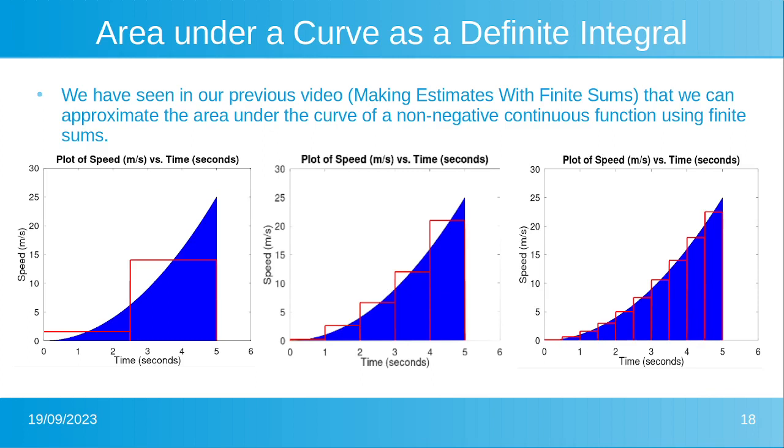So for each sub-interval, we were summing the product of the base by the height. Delta xk, the length of the subinterval, multiplied by our function value, f of ck, the height of the rectangle. So when we were doing this in the previous video, we were actually creating Riemann sums with different subinterval lengths.